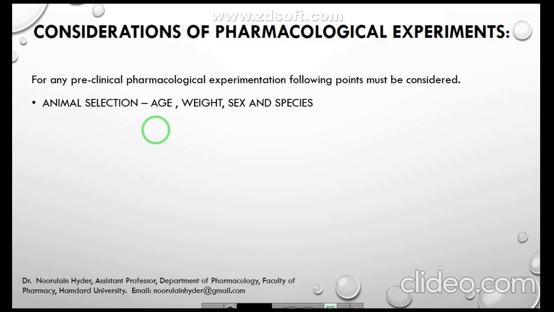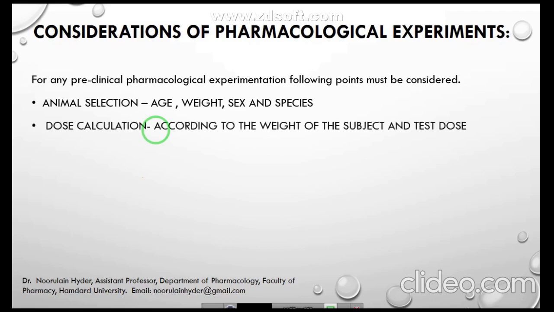Different animal-related factors like age, weight, sex, and species may affect the result and should be considered during selection. Number 2 is dose calculation. Dose for the experimental subject is appropriately calculated according to the weight of subject and test dose of new drugs and established human dose of old drugs.